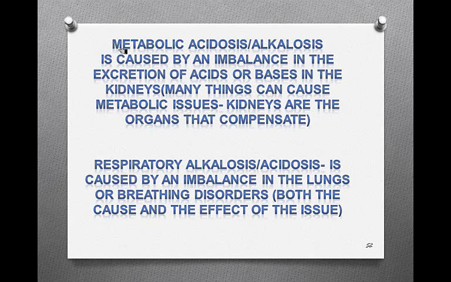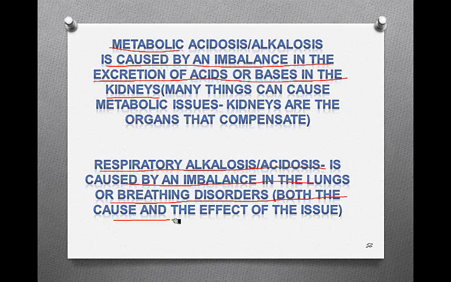In metabolic acidosis or alkalosis, it's caused by an imbalance in the excretion of acids or bases in the kidneys. So metabolic is going to be kidneys. Many things can cause metabolic issues. The kidneys are just the organ that compensates. In respiratory alkalosis or acidosis, it's caused by an imbalance in the lungs or breathing disorders.